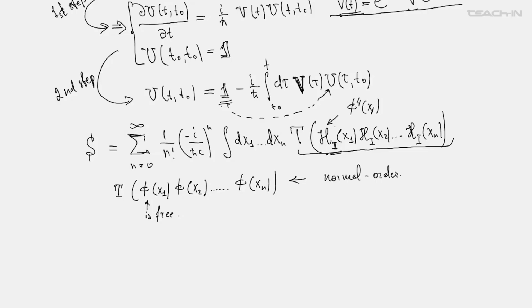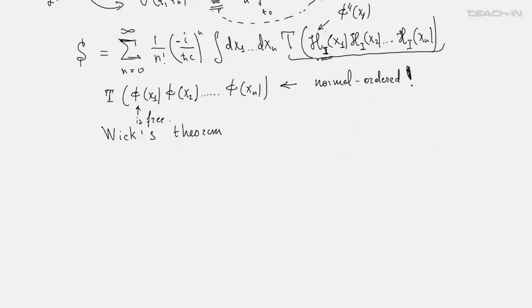And this is done by means of the so-called Wick theorem. So Wick's theorem allows you to rewrite such a t-ordered product of fields as a normal ordered product. Now, to understand how this theorem works and what it says, it is convenient to start with the simplest example, where I just have the t-ordered product of two fields.